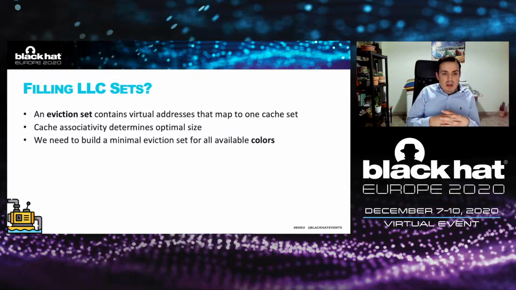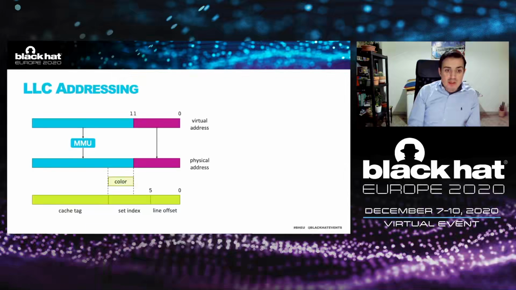And you also need to build for this attack a minimal, optimal eviction set for all the available slices. The slice is determined by some bits of the physical address that normally you don't control, unless you're on native hardware with huge pages. But those bits are part of the set index that will tell you in which cache set you end up for this cache line.